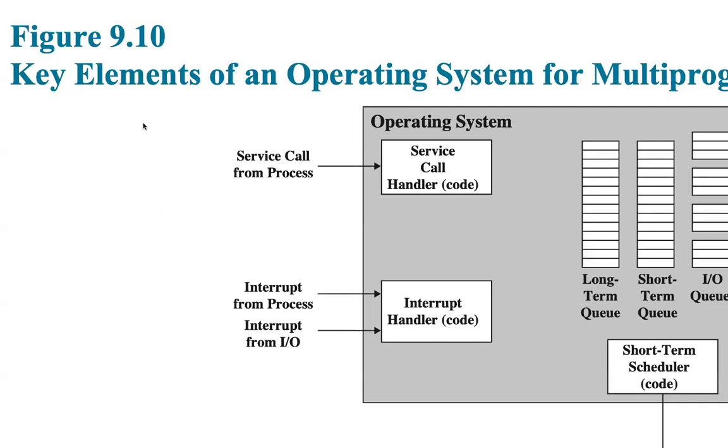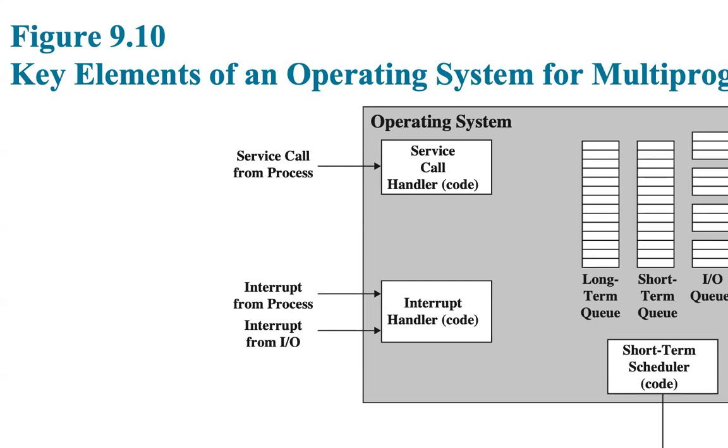So here are some key elements of an operating system for multi-programming. This simple example highlights the basic functioning of the short-term scheduler. The figure shows the major elements of the OS involved in multi-programming and scheduling of the process.